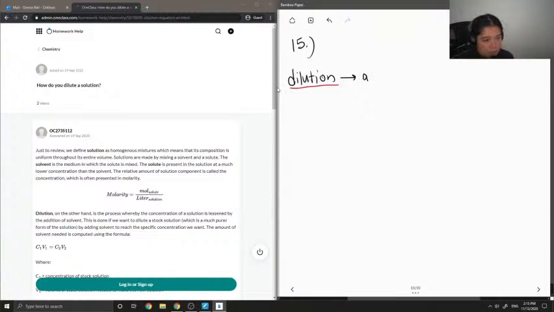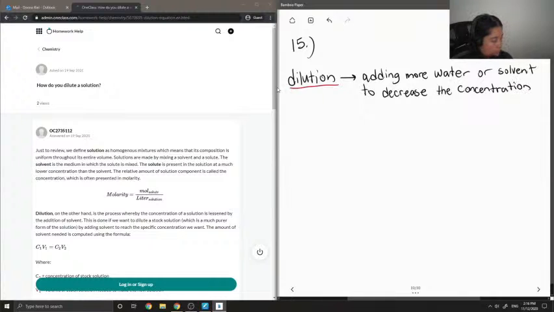This is simply when you add either more water or whatever solvent you have, but most of the times it's water, to decrease the concentration of a solution.